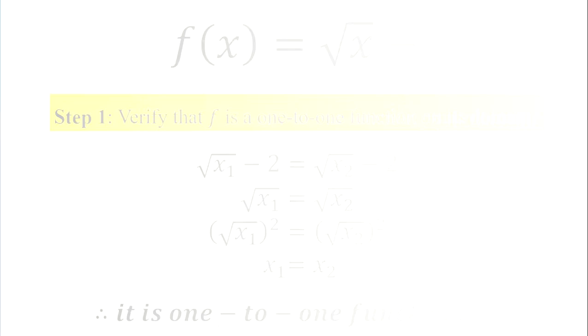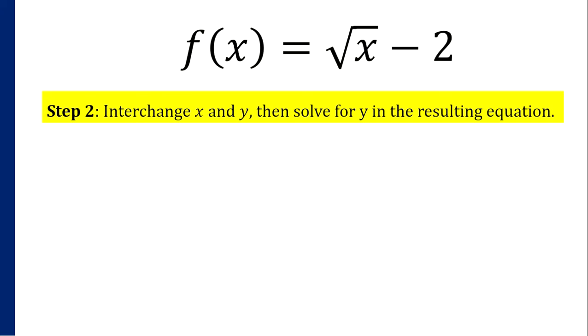Now, let's interchange x and y, then solve for y in the resulting equation. So x is equal to square root of y minus 2. Add both sides by 2, and we'll obtain x plus 2 is equal to square root of y. Since it is square root of y, we need to square both sides.